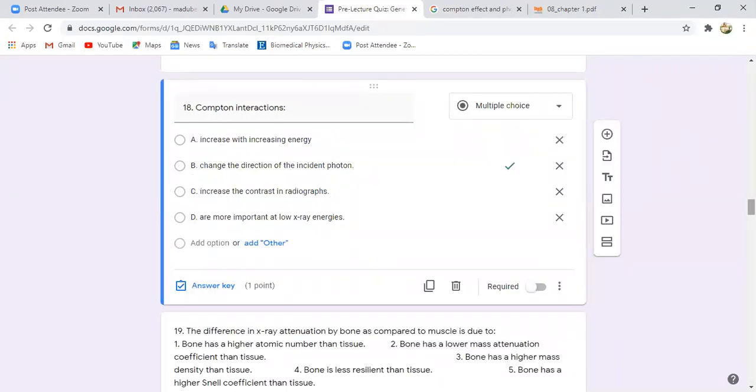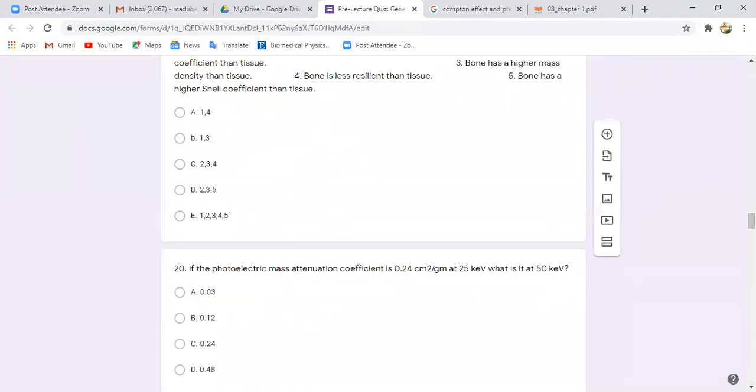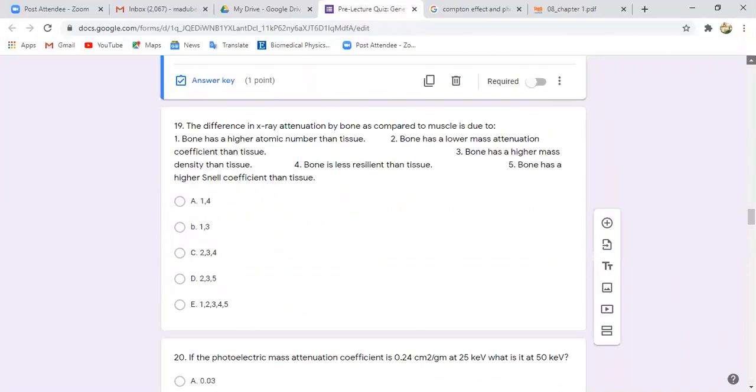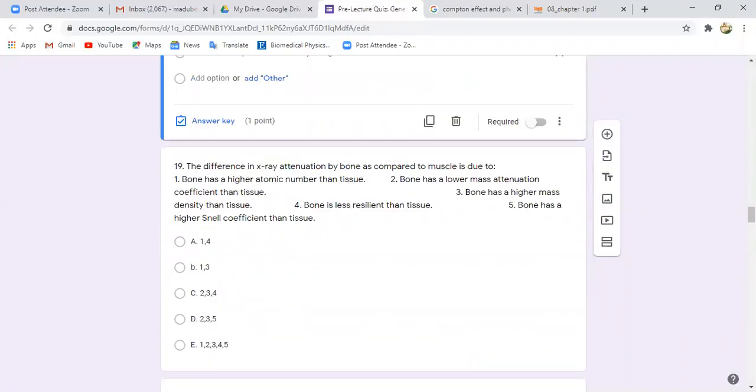For 19, the difference in X-ray attenuation of bone as compared to muscle is because bone has a higher atomic number. What's the best option here? It should be 1, bone has a higher atomic number than tissue, and 3, bone has a higher mass density than tissue. 2 is wrong: bone is less resilient than tissue.